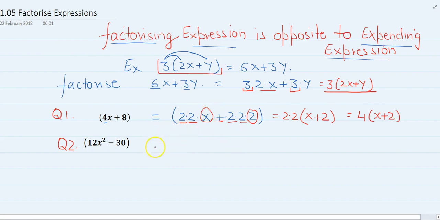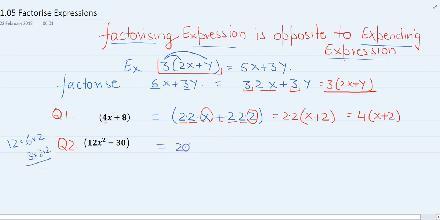Now let's factorize another question, that is 12x² - 30. First we are going to write all the factors of 12. We know that 12 is 6 multiplied by 2, and 6 is 3 multiplied by 2.